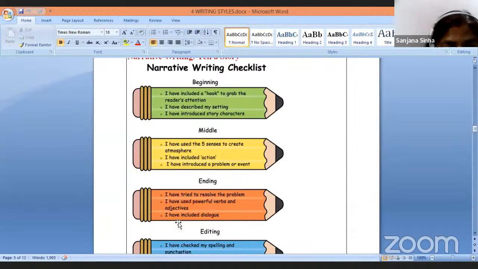Dialogues are very important in some stories. There are a lot of stories which start with dialogue. So there's a story, The Parrot in the Cage. Koi setting nahi, nothing. No beginning.